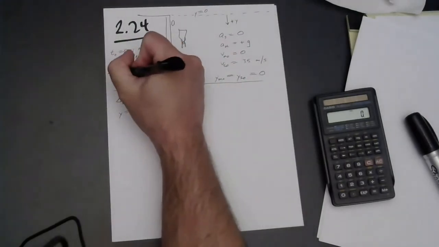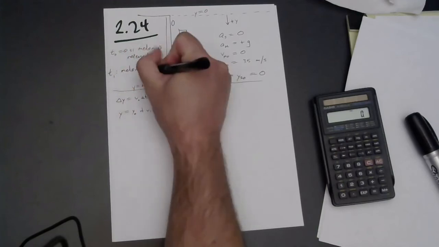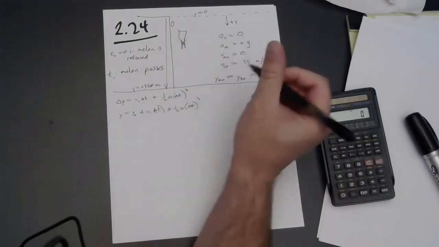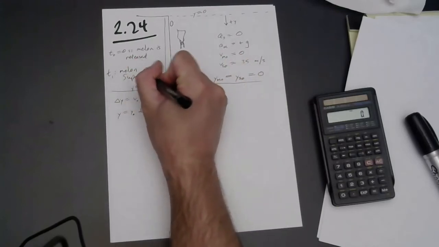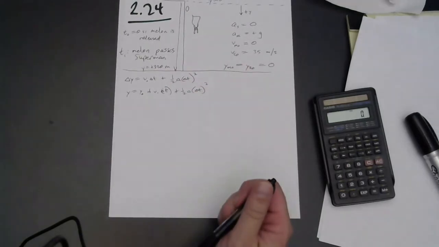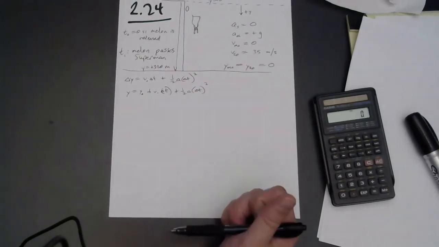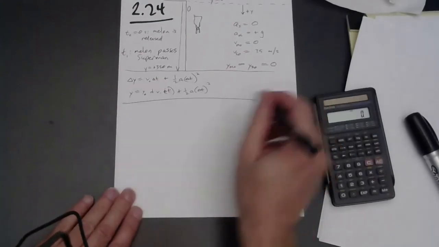So let me define my final time. I'll call it T1. That's when the melon passes Superman. Okay, so now my final and initial times are really T1 and T0 respectively. Let's apply this equation to the melon first.